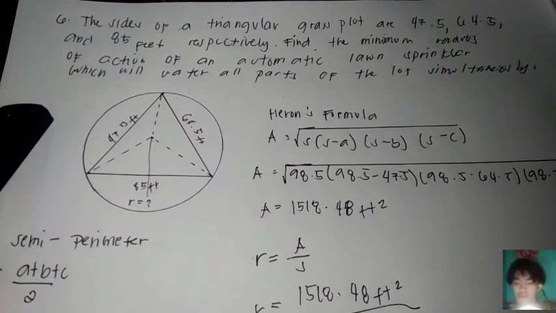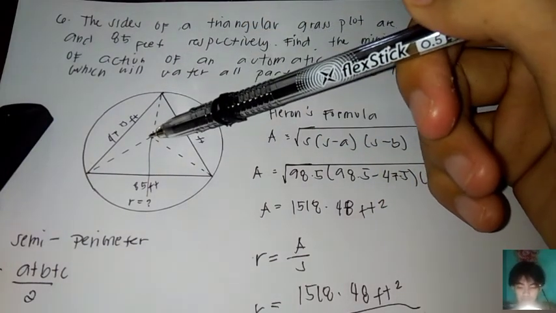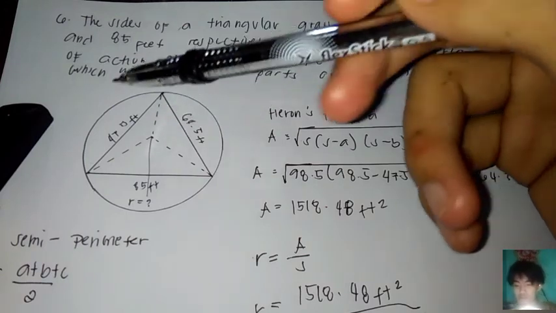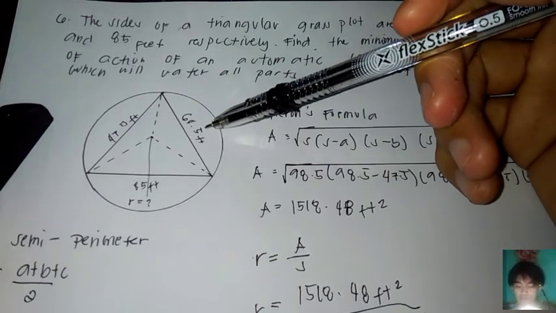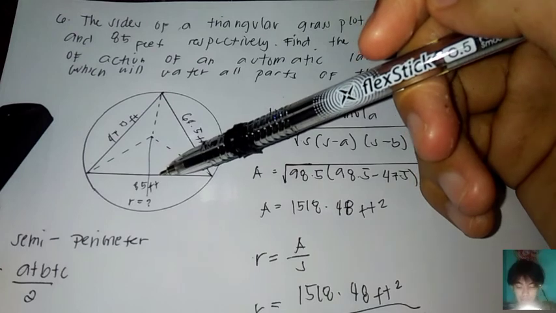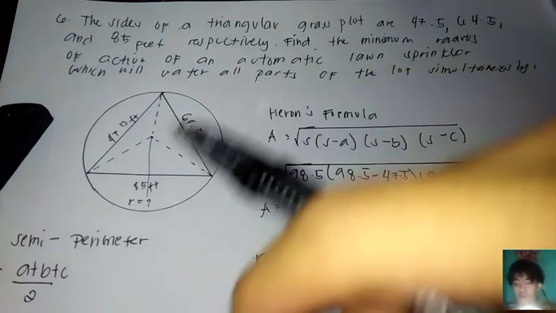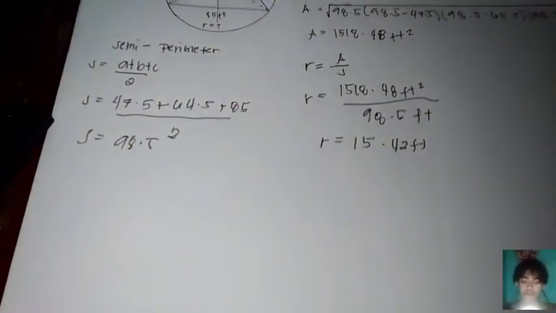Find the minimum radius of action of an automatic lawn sprinkler which will water all parts of the lot simultaneously. So we have here the illustration of the sprinkler. So we have the 47.5 feet, the 64.5 feet, and the 85 feet. So first we need to solve the semi-perimeter.